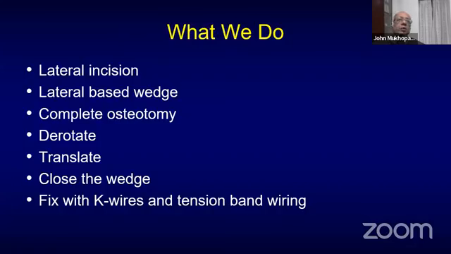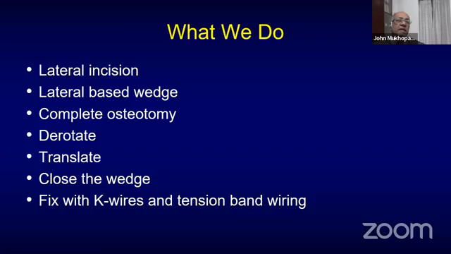So after all that, we come to what we do in our setup mostly, or what I do in our setup, having experienced various difficulties and challenges over a period of years where I was not always satisfied with the results. What we tend to do is use a lateral incision, a lateral based wedge.